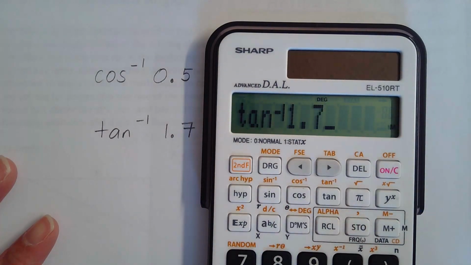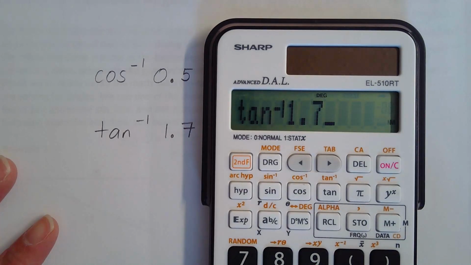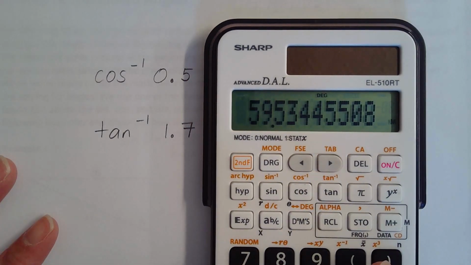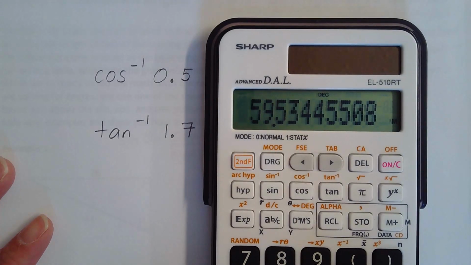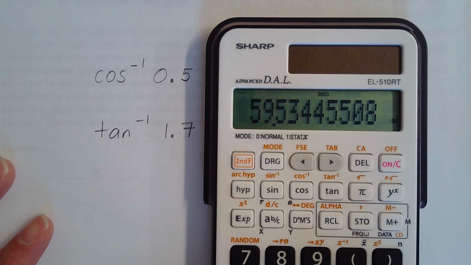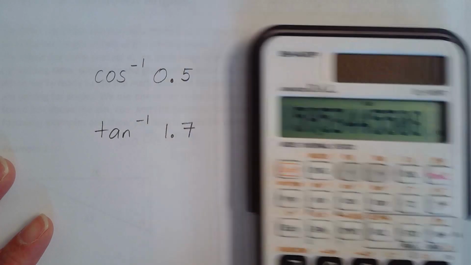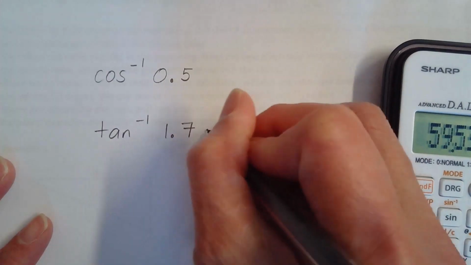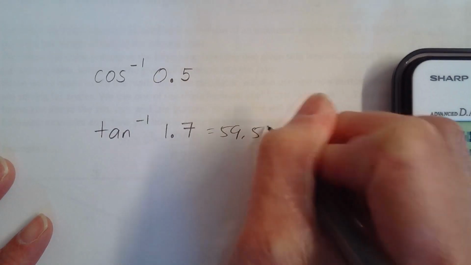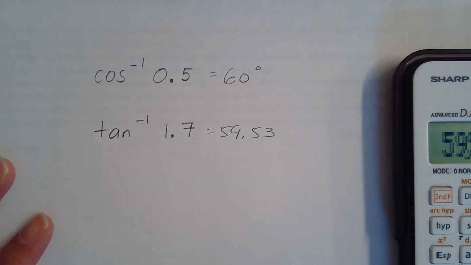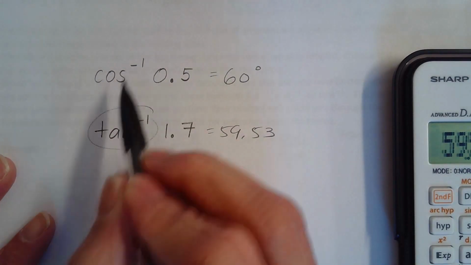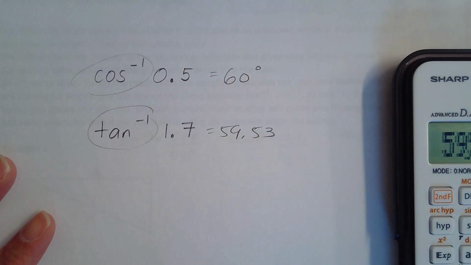Did you get 59.53? Yeah, 59.53. Remember to press your shift to activate the cos inverse and tan inverse.